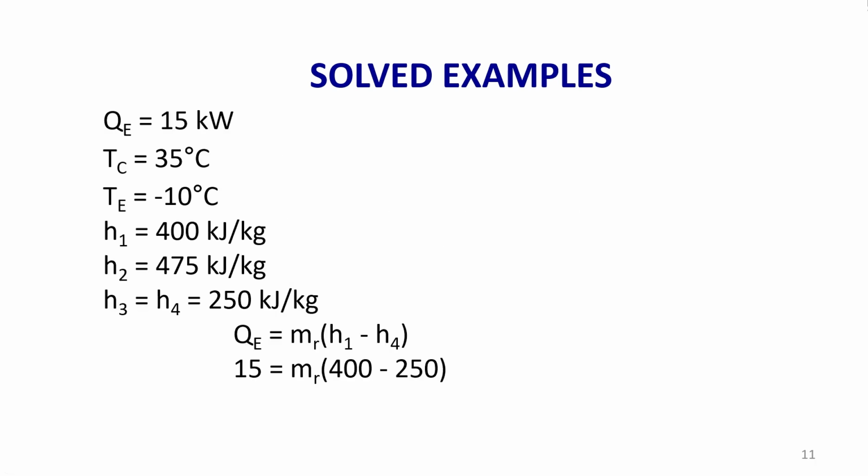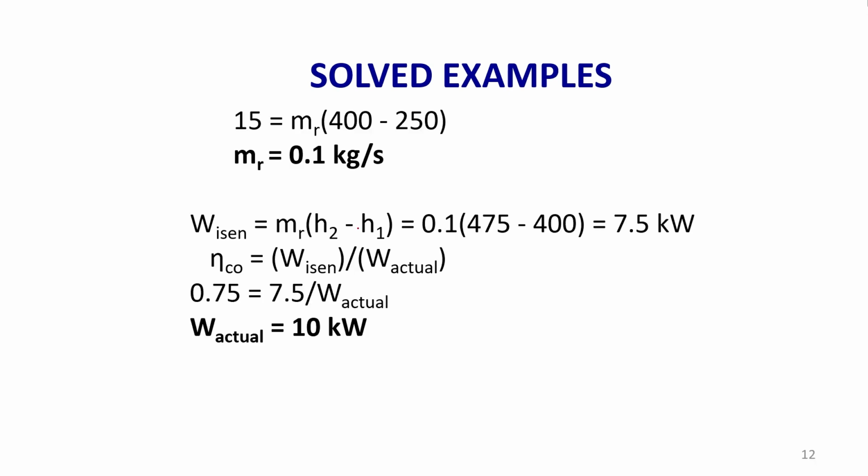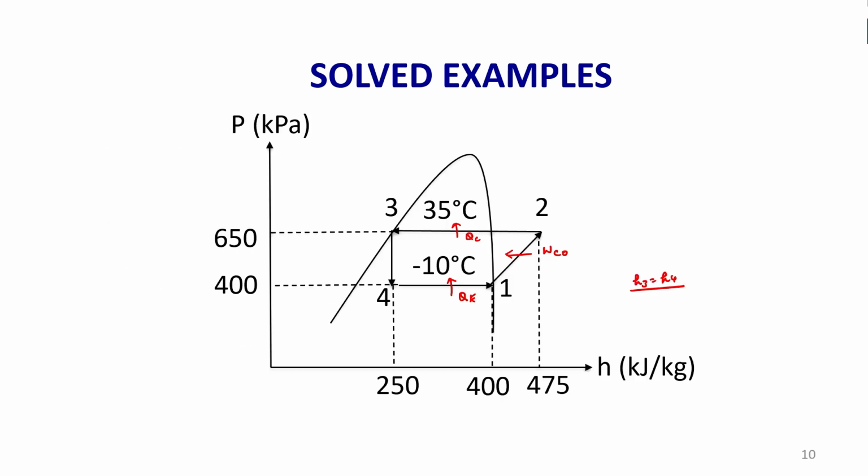Since the cooling capacity is given as 15 kilowatt, QE is equal to 15 kilowatt. You can use small letter e or capital letter E. Now QE is equal to the mass flow of the refrigerant circulated into H1 minus H4.